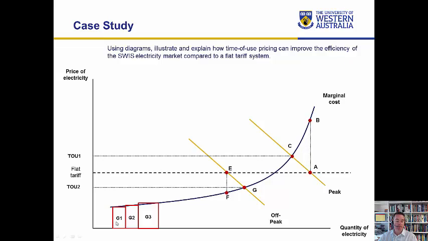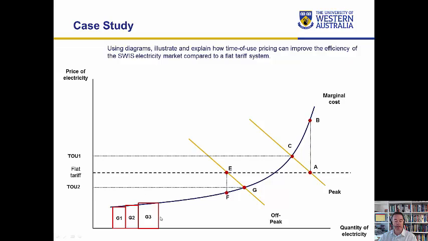So in the bottom left hand corner here, I've got G1, G2, G3, and these are three generators. The horizontal width of the column represents the production capacity of that particular generator, and the height of the columns represents the marginal cost, or the cost of that generator supplying electricity into the system.